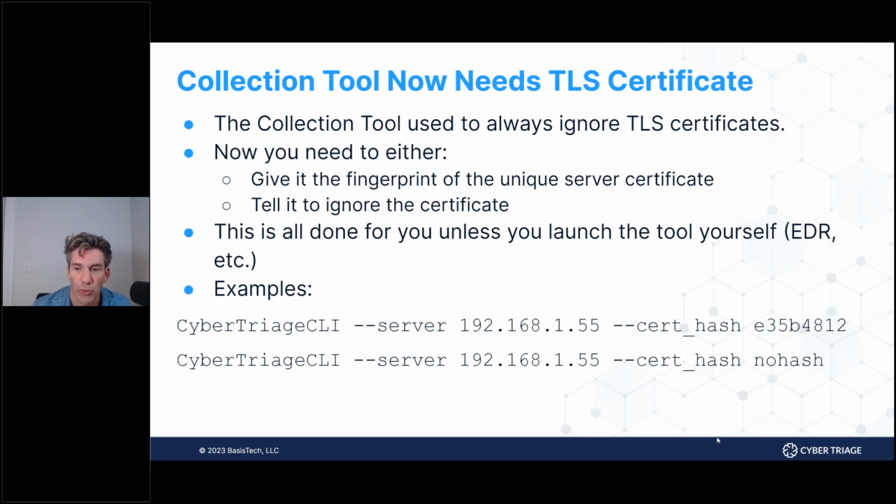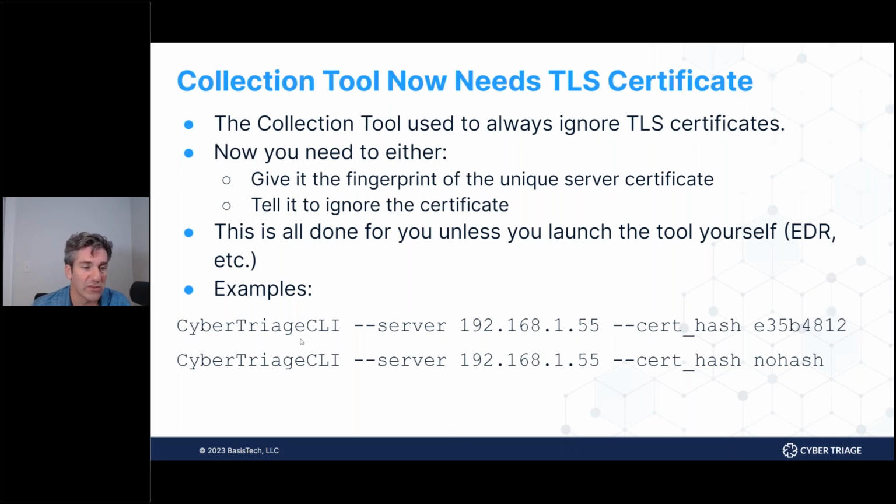You can use a short version, so you don't have to put in the whole long SHA-256 value, but it needs some indication of what the legitimate certificate is. Or you can say ignore the certificate, I don't care about worrying about man-in-the-middle attacks. Again, this is only if you are launching it yourself with an EDR or something else. If you're using live automatic, this happens automatically.